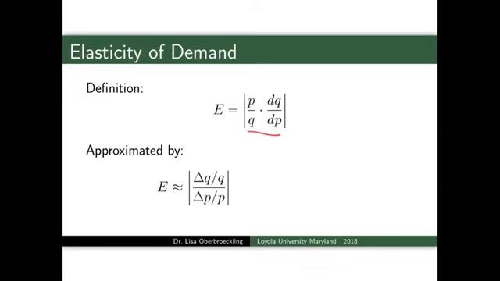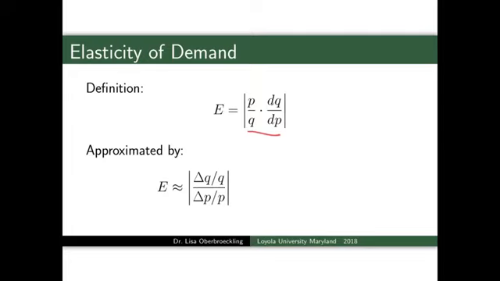So with that, we get a similar formula where we approximate dQ by delta Q, which is the actual change in quantity, and we approximate dP with delta P. If you were to do some algebra on this fraction, you would get something similar with deltas instead of d's.